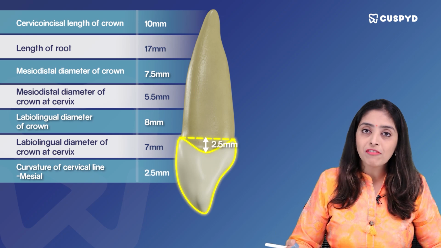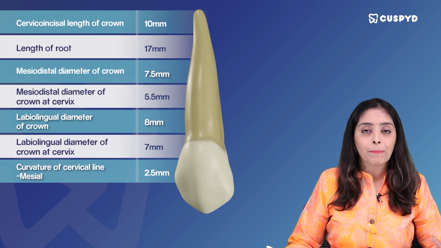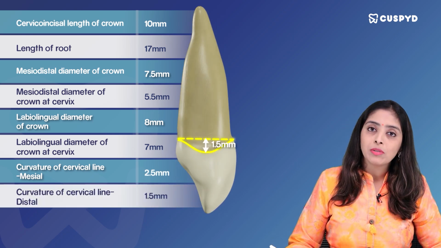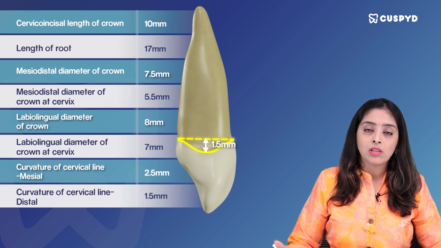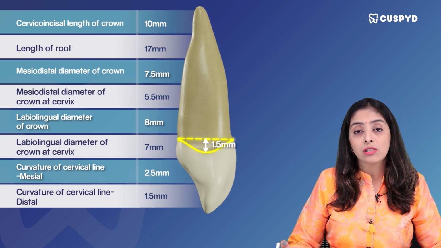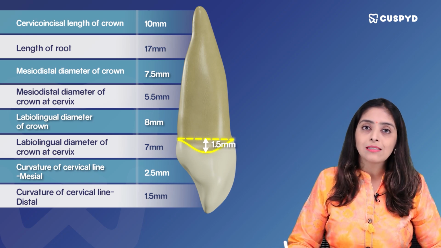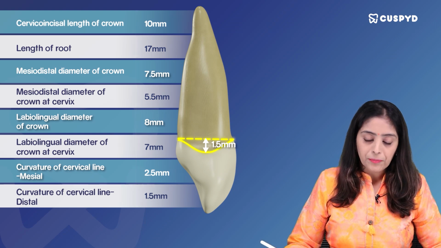It is 2.5 millimeters on the mesial aspect and 1.5 millimeters on the distal aspect. So, on the mesial aspect, the cervical line curves more as compared to the distal aspect.